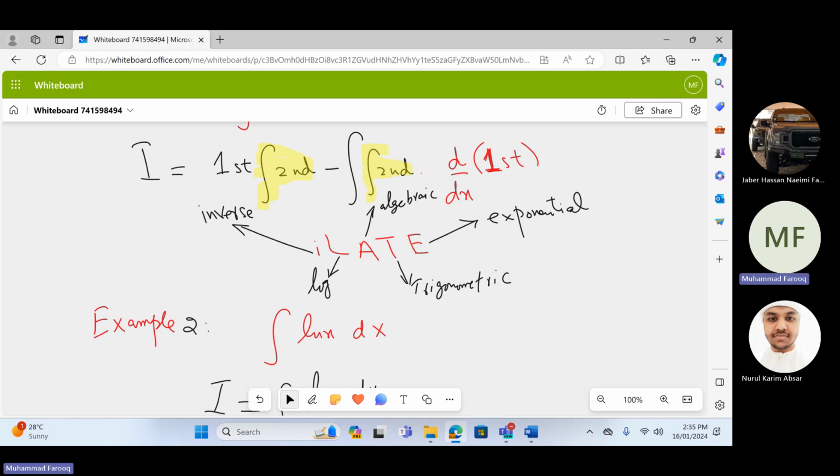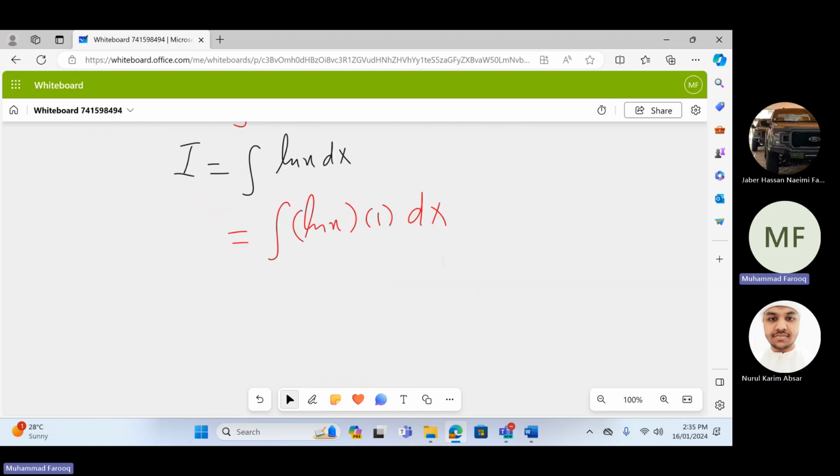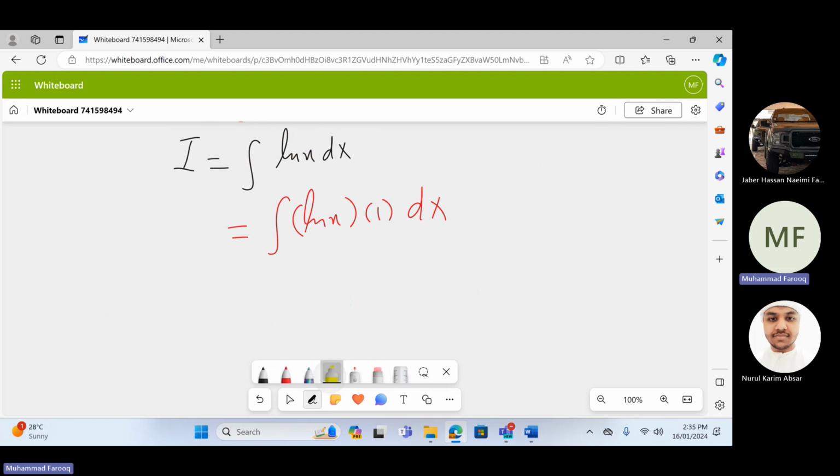So you can see, if you have a log function and an algebraic function, log comes first. So log is the first function, algebraic is the second. Okay, good. So this is my first function, and this is my second function. I hope you understand. Now just put these values in the rule.